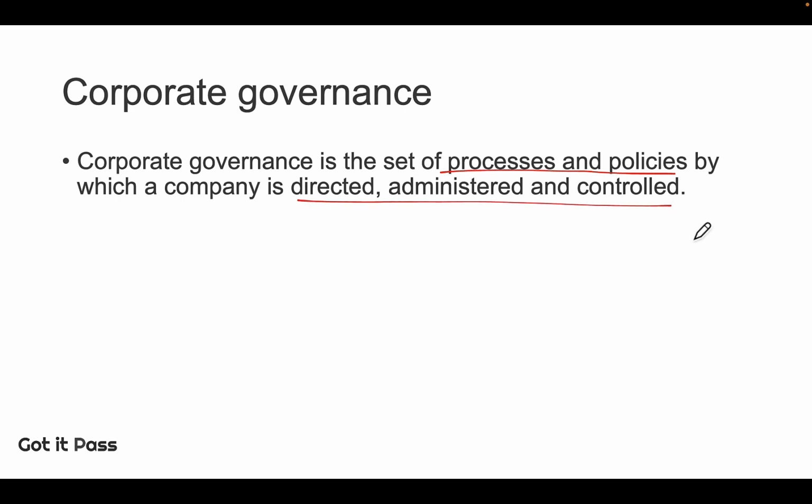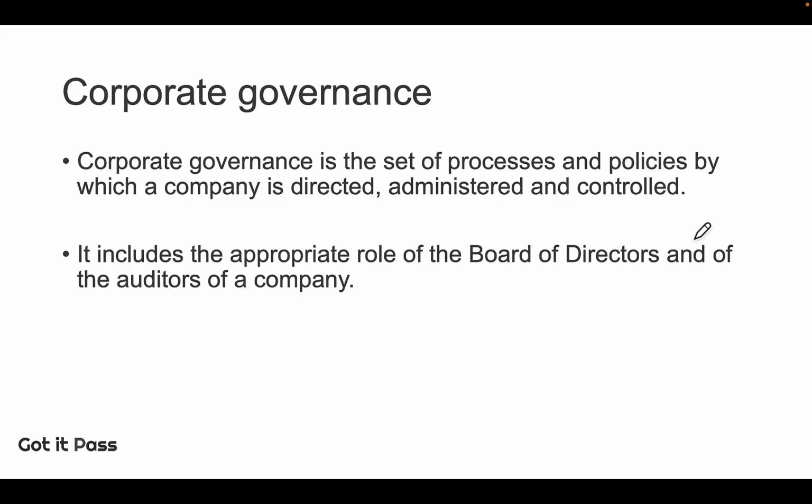So what are the proper policies and processes for? They are for the direction, administration, and control of the company. And it includes the appropriate role of the board of directors and of the auditors of the company. So it's not just the document itself. It sets the roles of the board of directors as well as the auditors of the company.